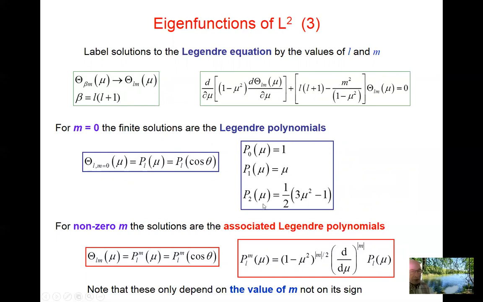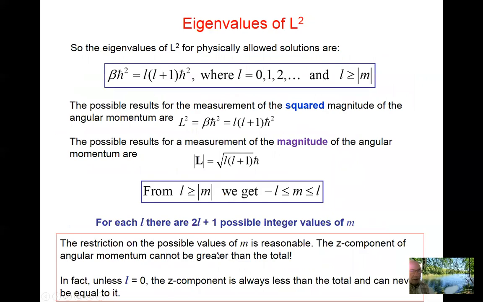They are so-called Legendre polynomials for m equals 0, and for non-zero m, they are called associated Legendre polynomials, which are usually written in the form of P with two indices, L and M. So they are quite complex functions, which depend on L and M. You need to look into that and get yourself familiar with these functions. I will show you some examples later.